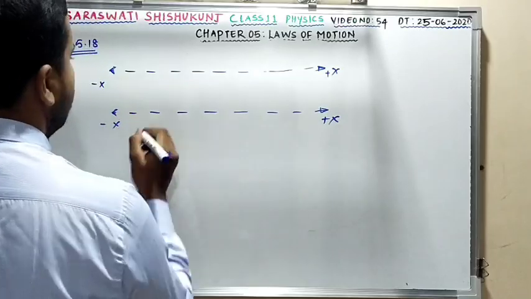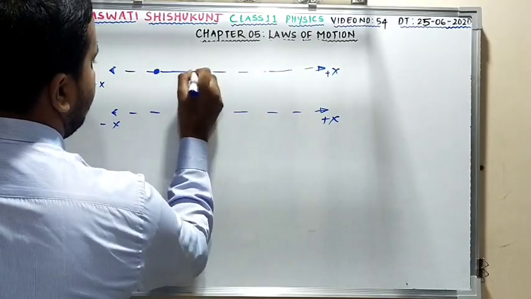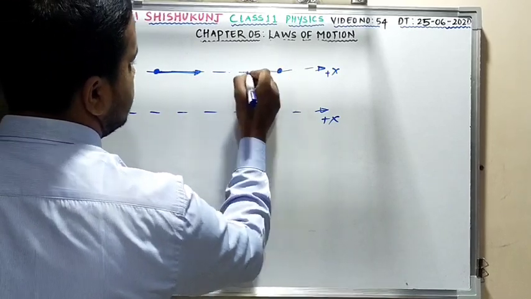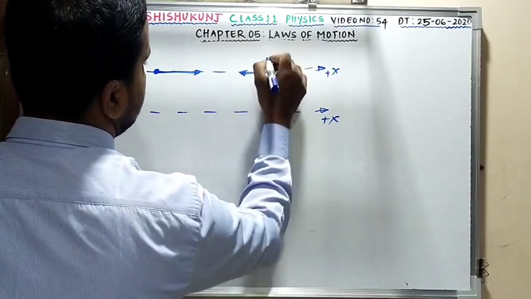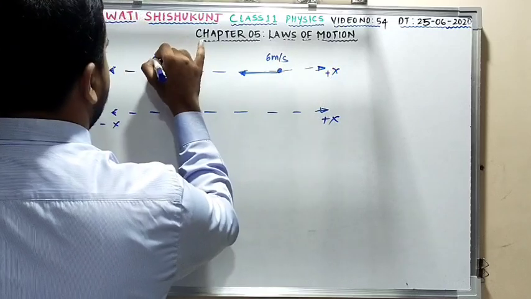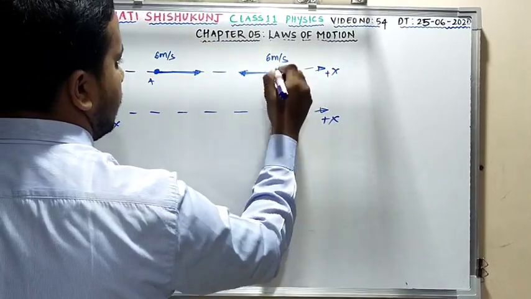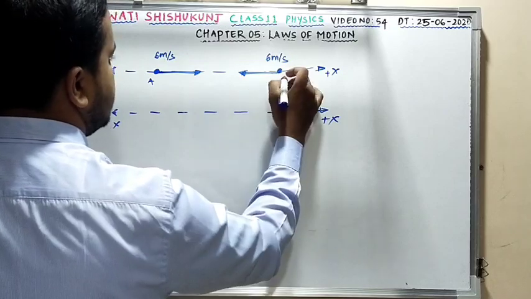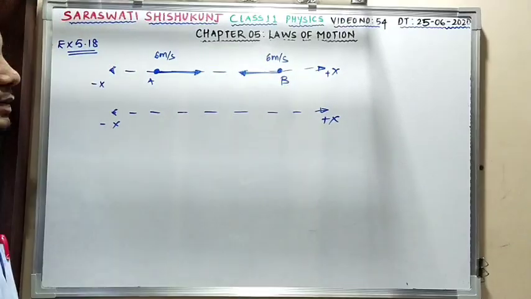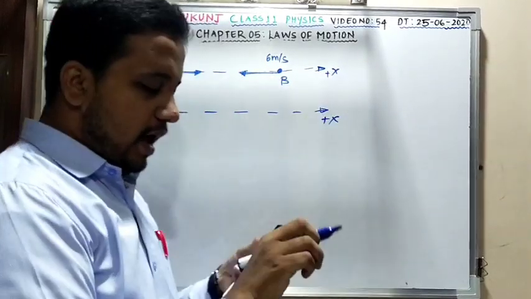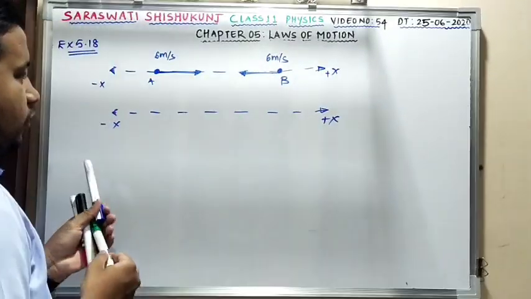Two billiard balls are moving in opposite directions with velocity 6 meters per second. Clear? After collision, they collide and rebound again, means what happens?